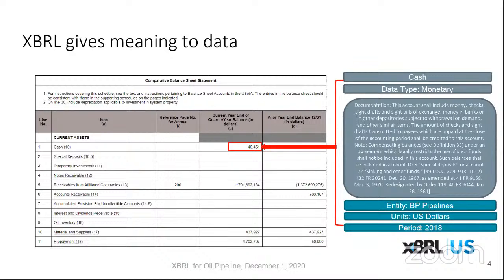So in the taxonomy itself, we've got an example here. You can see there's a balance sheet. Every single fact or piece of information that's reported as part of the filing will have information associated with it. In this case, we've got cash, but there's also other information associated with it. What type of item is it? It's a monetary item. You can see there's a definition there.